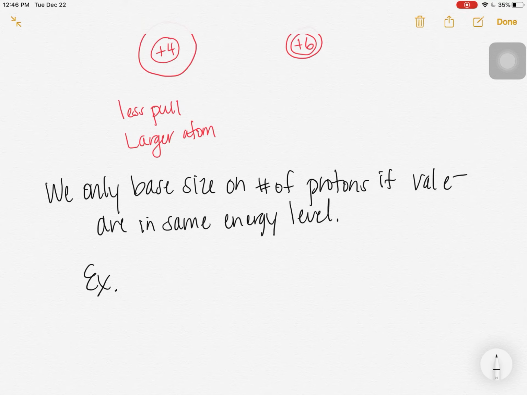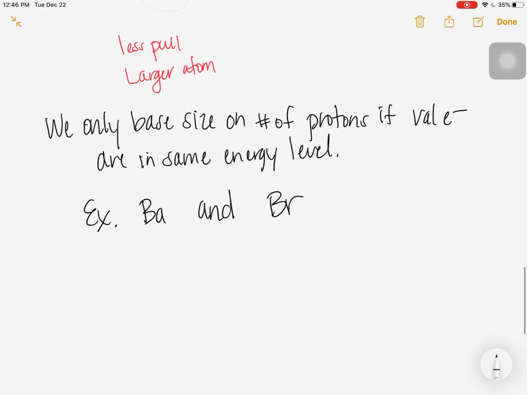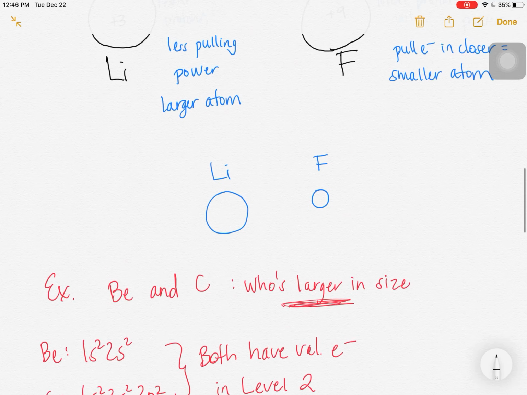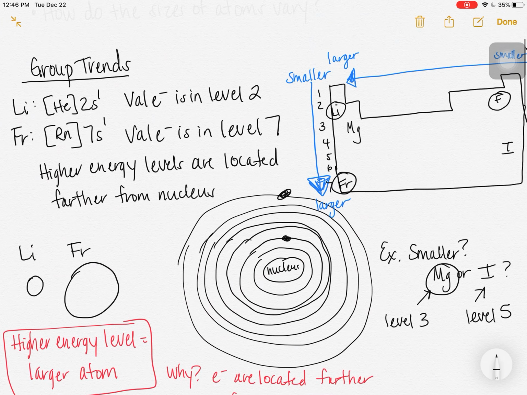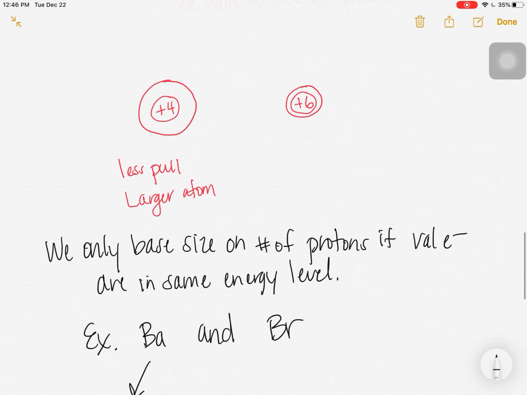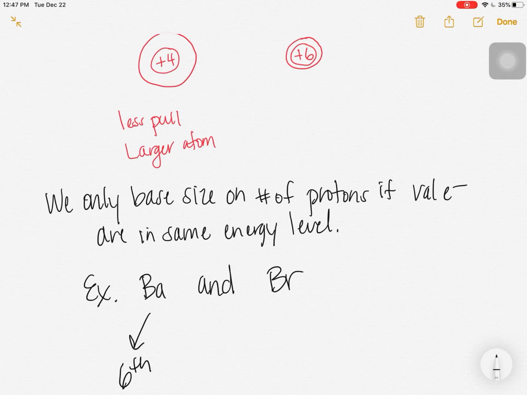So if I ask you about barium and bromine, okay, so if we look up at the table, we see that barium's in the 6th level, right? Barium's like right down here. And then bromine is in level 4.